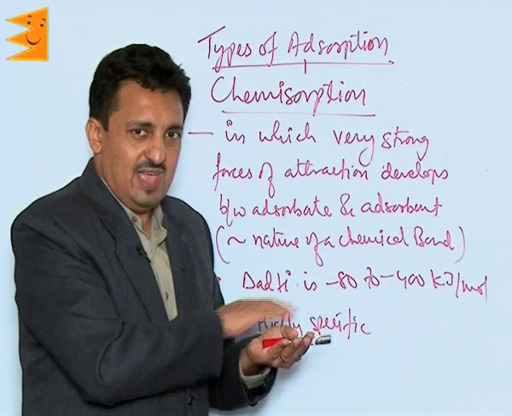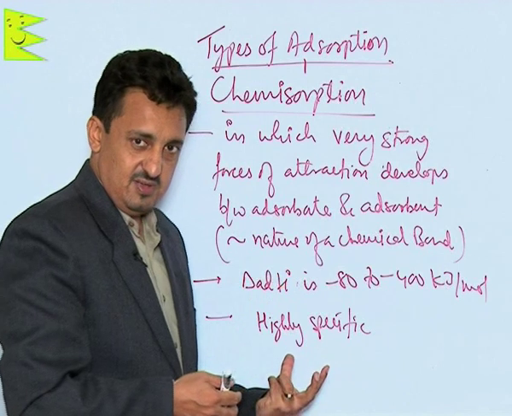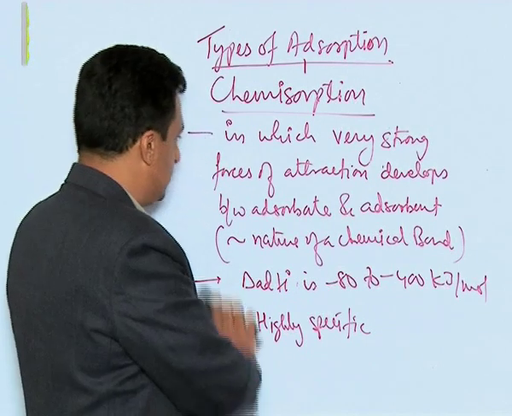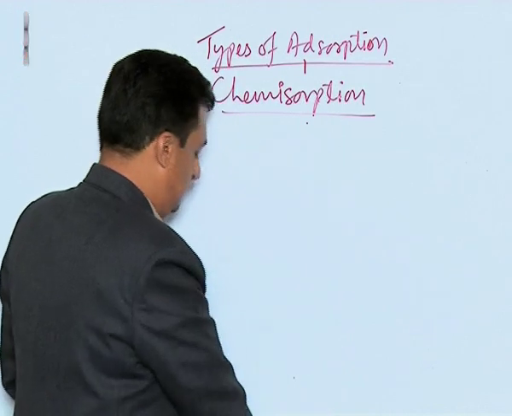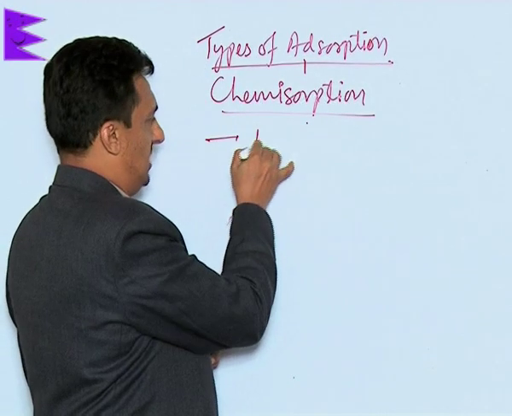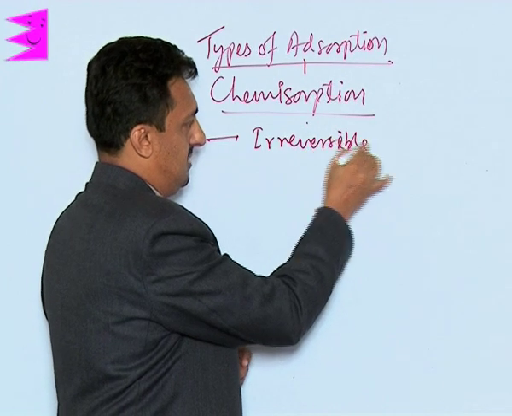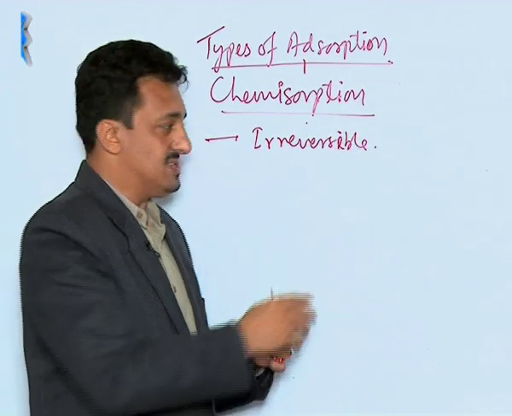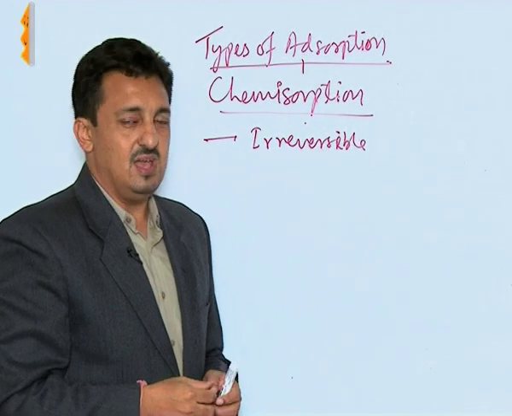This can't take place on all surfaces. And if this type of adsorption has taken place, it is irreversible. We cannot just take them out by rubbing. It's not possible. They are irreversible.